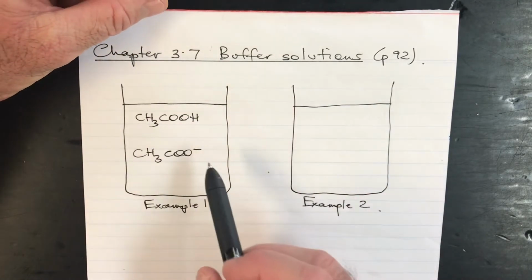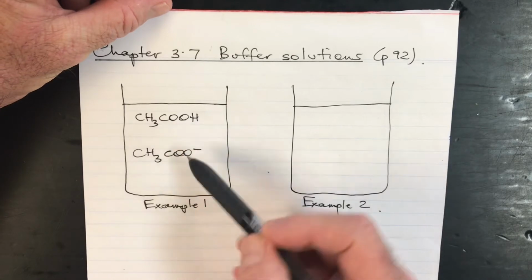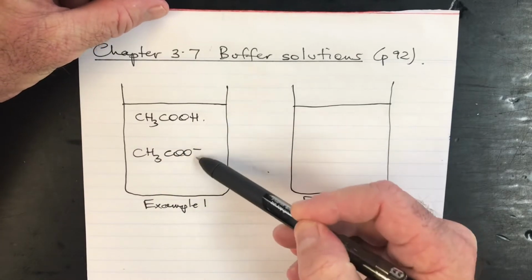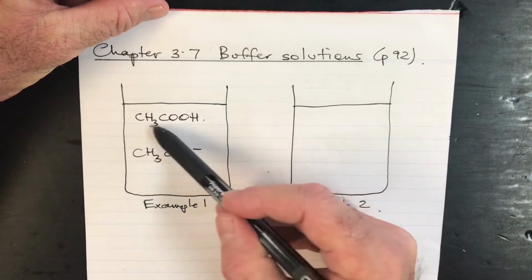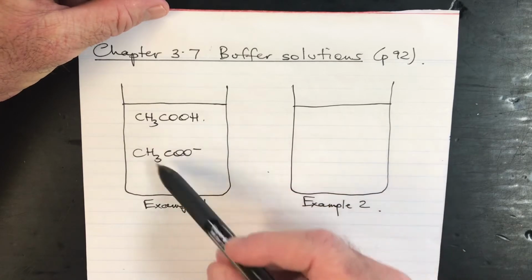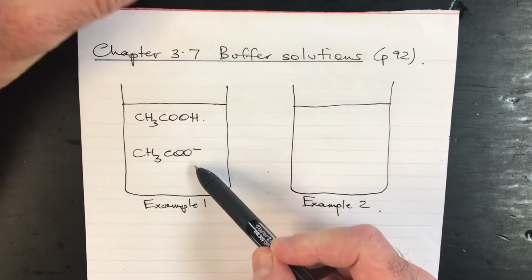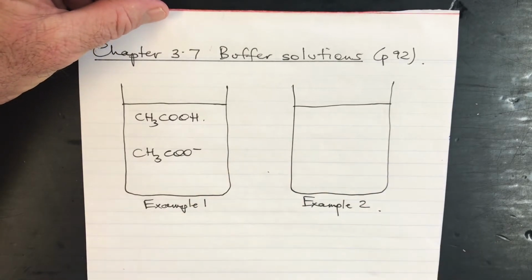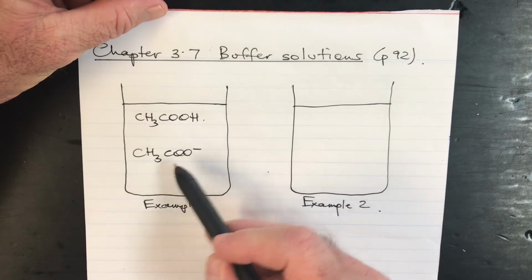All a buffer solution is made up of two chemical species that look basically the same. The only difference between this one here and this one here is the hydrogen ion attached to the acetic acid molecule. This one doesn't have the hydrogen ion. Remember, when you take a hydrogen ion away, the hydrogen ion having a positive charge, it leaves a negative charge to the molecule behind.